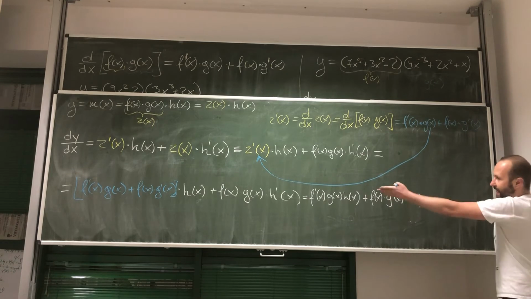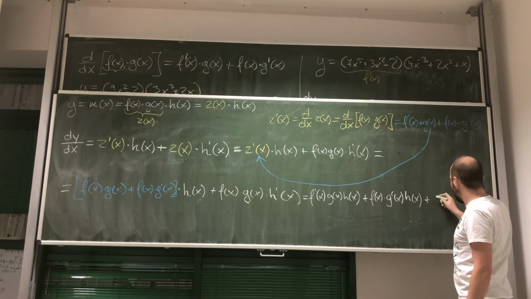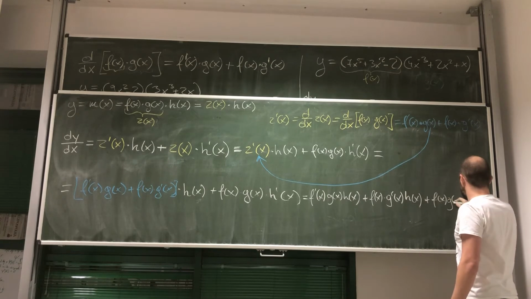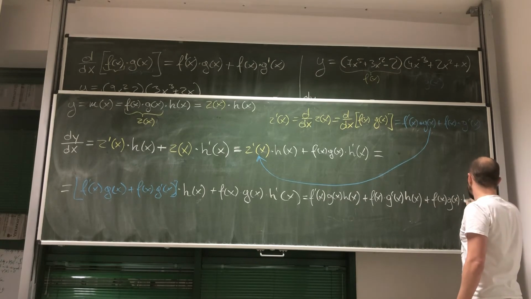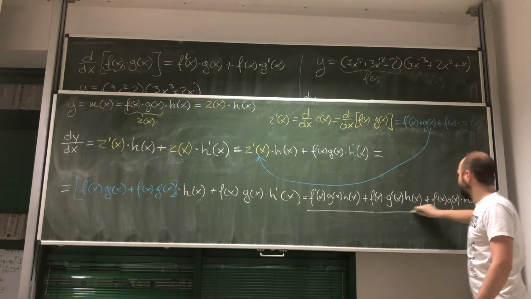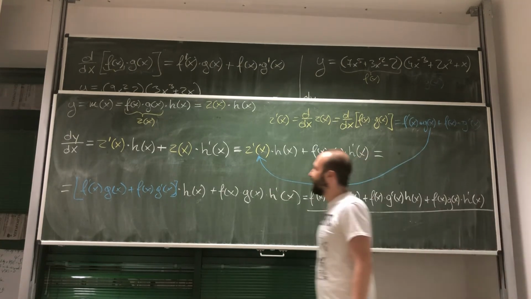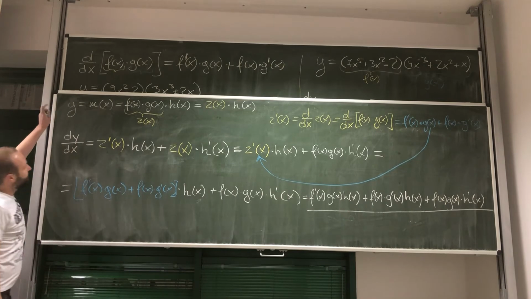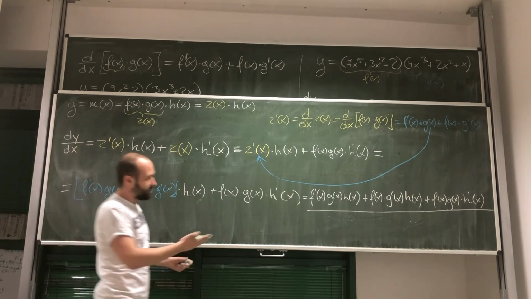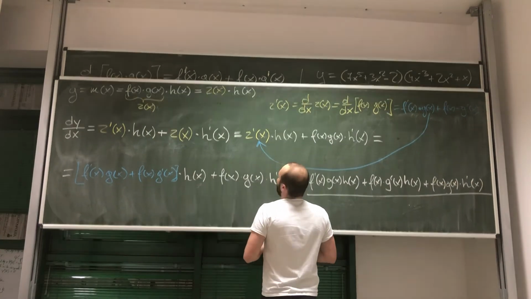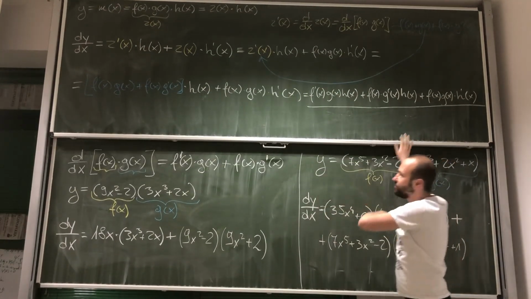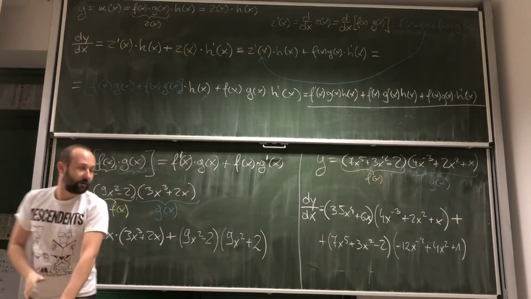And then I'm just adding the last one, f of x times g of x times h of x. And now, look, what we did is we actually found the derivative of this function. We just rewrite it in a different form, following exactly the same logic as we had over here.